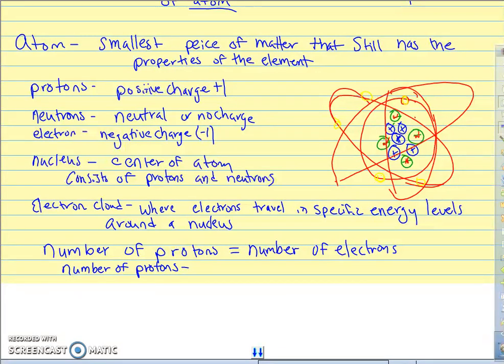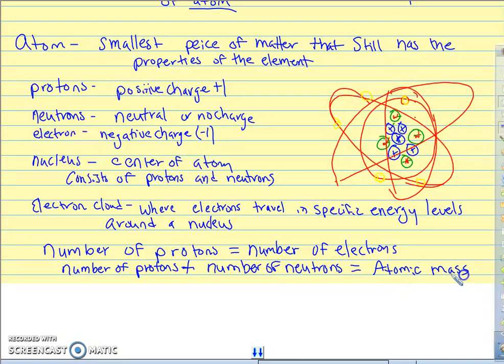Oh, you're all kind of there. So the number of protons plus the number of neutrons equals the atomic mass.